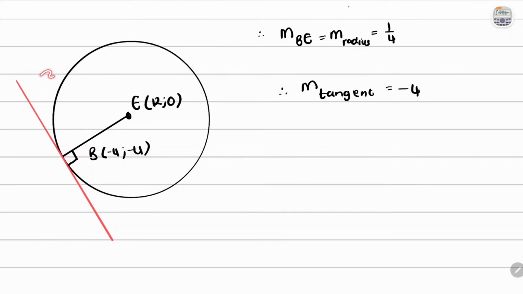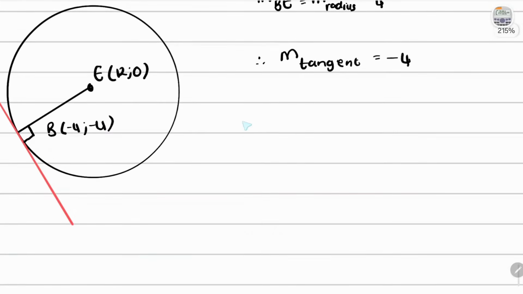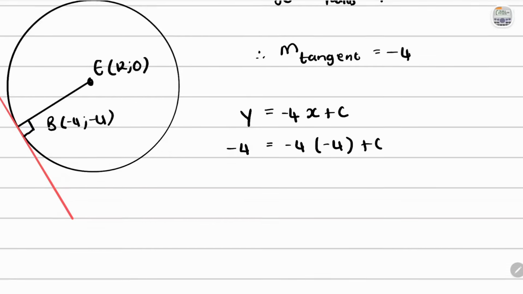And now that we have the gradient of the tangent, we can find the equation of the tangent. Notice that on this tangent, the only point we have is B. So we'll substitute that as our point. Let's just use y = mx + c for this. So that is going to be y = -4x + c. And then in place of x and y, we substitute -4 and -4. So -4 is equal to -4 times -4 plus c.